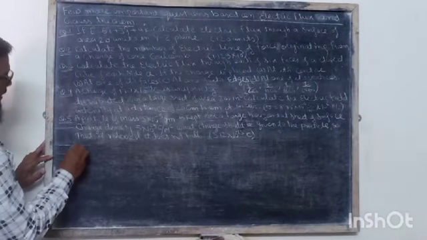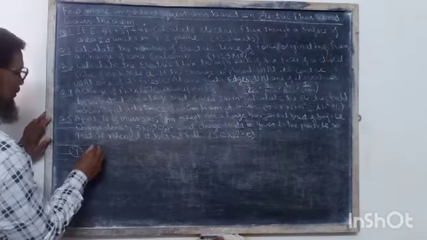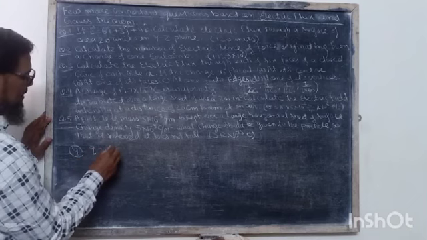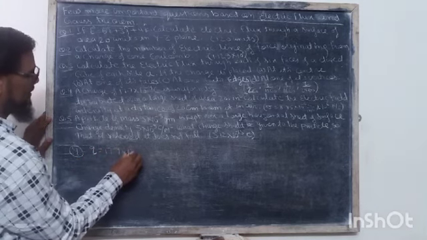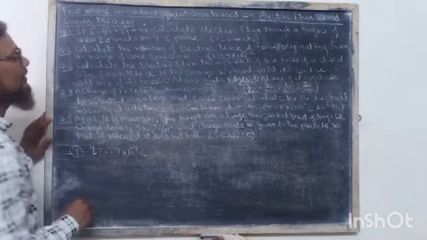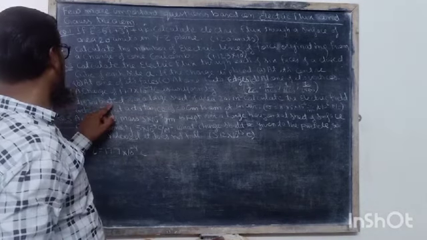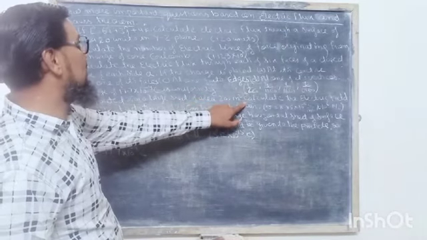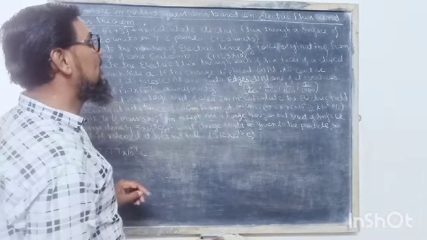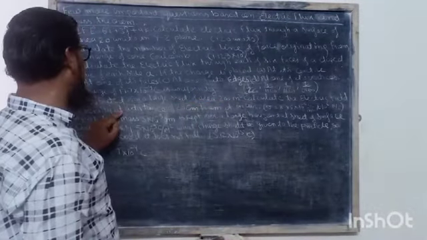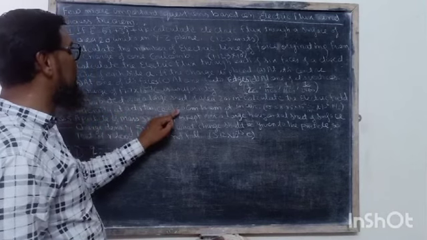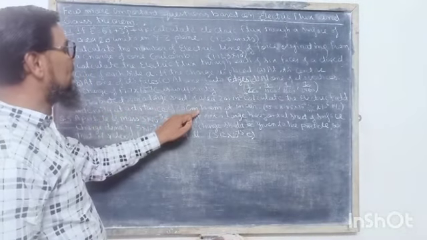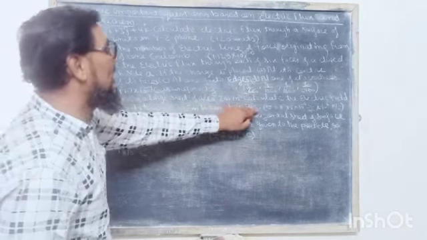The question number 4: a charge Q of 17.7 into 10⁻⁴ coulomb is uniformly distributed over a large sheet of area 200 meter square. Calculate the electric field intensity at a distance of 20 centimeter from it in air.